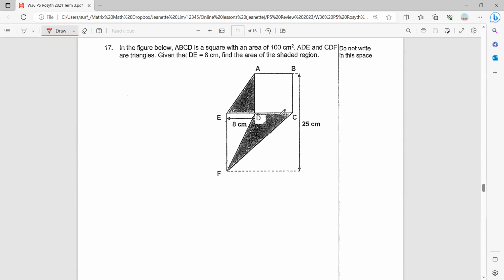So we use the formula, half times base times height. First, this is the area of the square, 100. To find one side, you can take square root 100, or 100 is 10 times 10. So this is 10. This is 10. So I can find ADE.